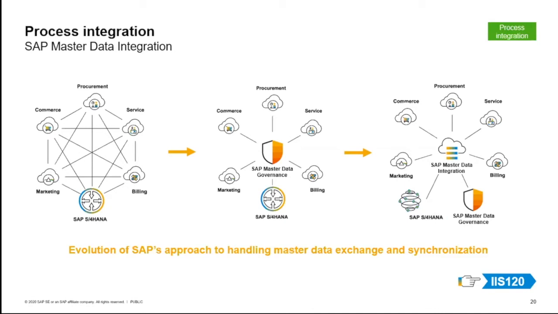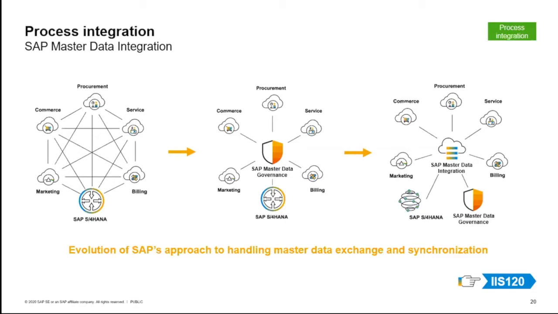A new topic which we have recently added to the integration guide and also to the integration methodology is to give a more detailed guidance regarding master data integration. So here, in context of the intelligent enterprise strategy, we have some news around that with the introduction of the SAP Master Data Integration Service.